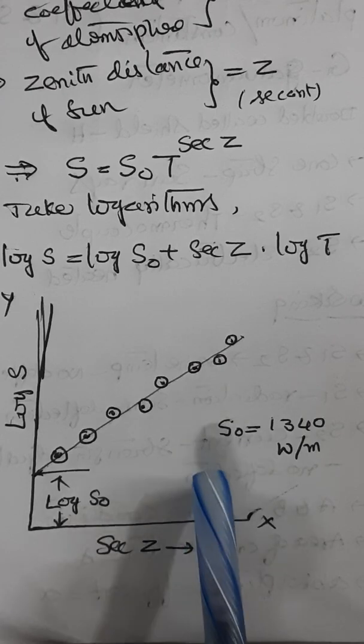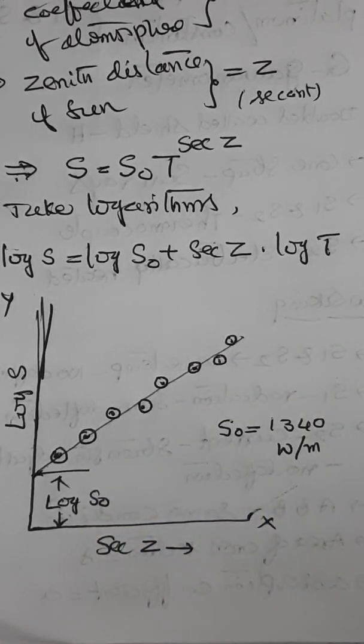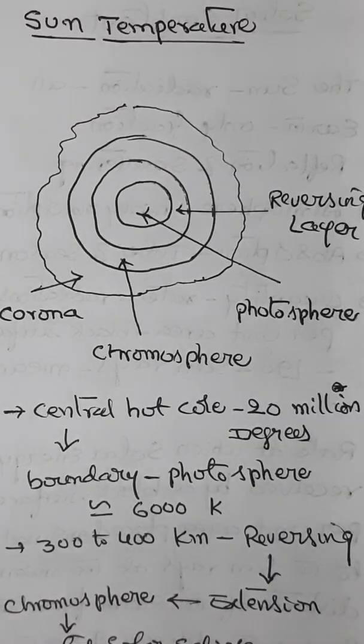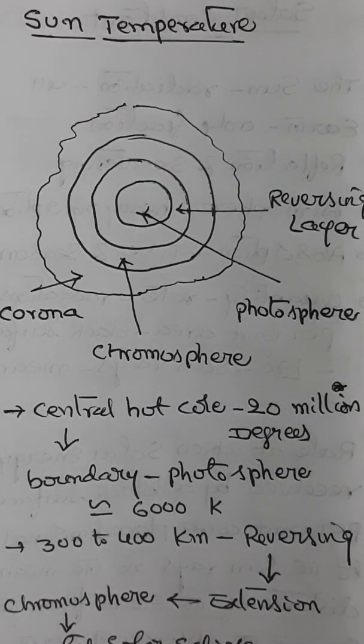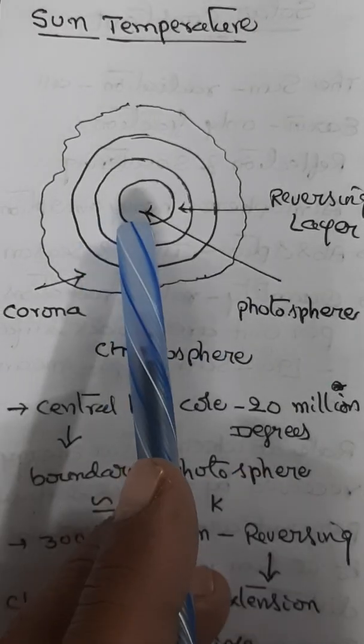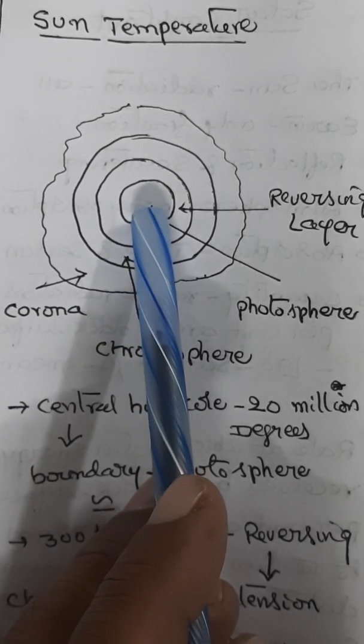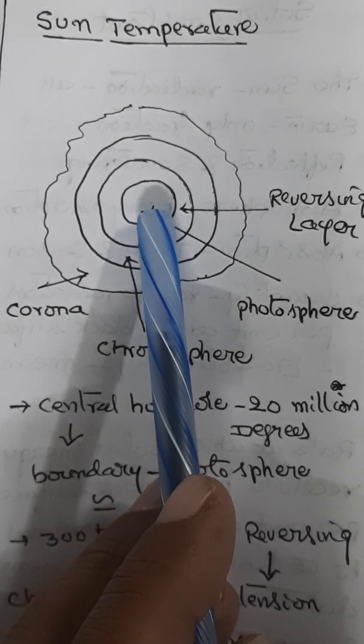Now let us see, based on this, how we arrive at measurement of temperature of the sun. When you look at measuring the temperature of the sun, let us understand various shells involved in the sun interior. The sun consists of a central hot core having a temperature of 20 million degrees.